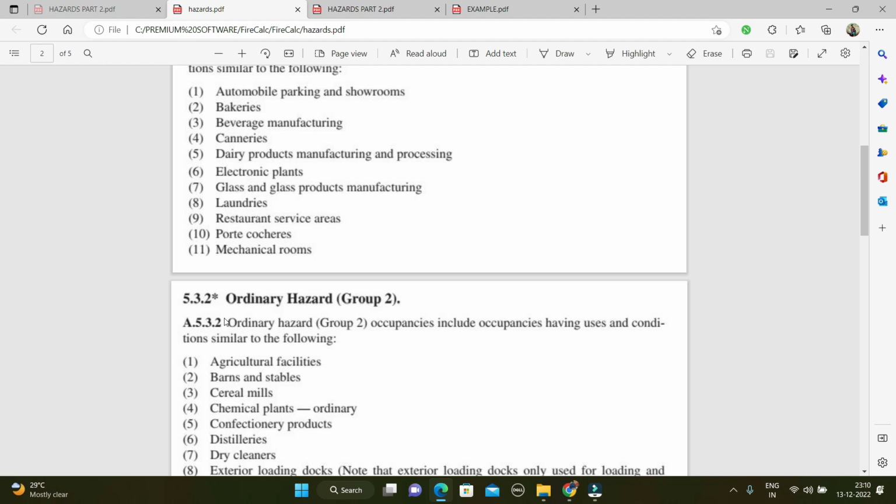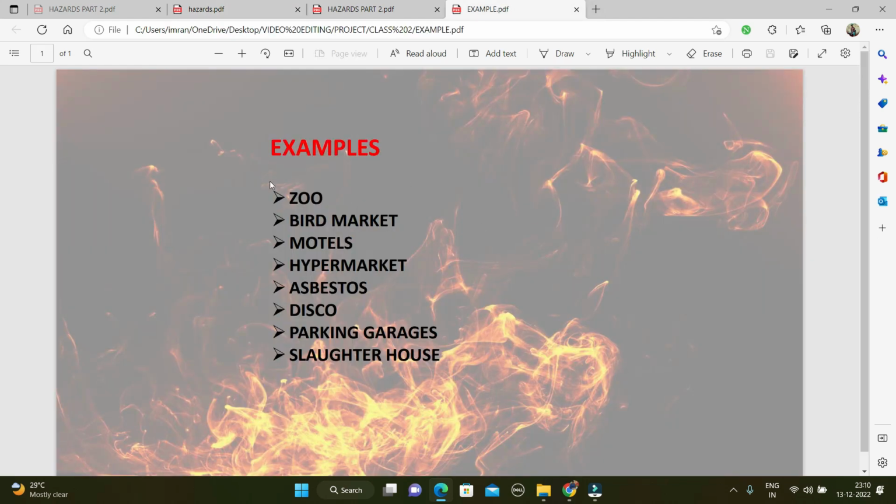If we select the correct hazards, then we can select the sprinklers, the design area, the spacing between the sprinklers, hydraulic calculation, pipe size, everything. It depends on this hazard. If we select wrong, then all our firefighting system will not be up to the mark. That's why it's very important.